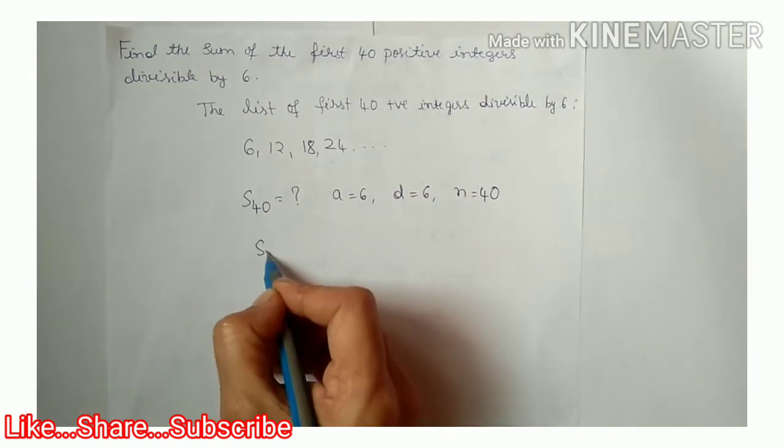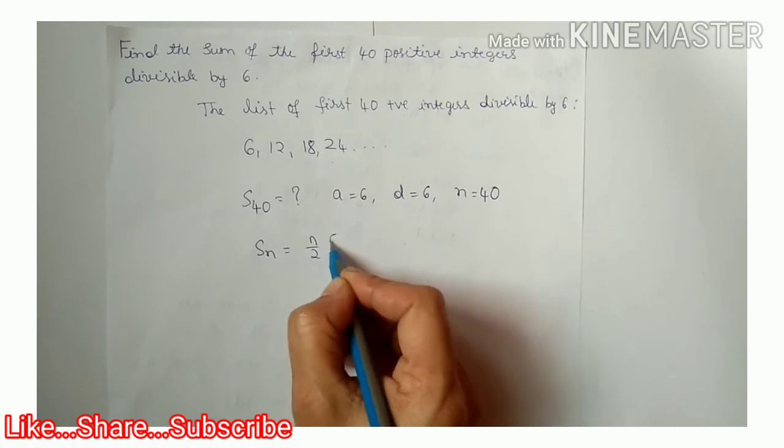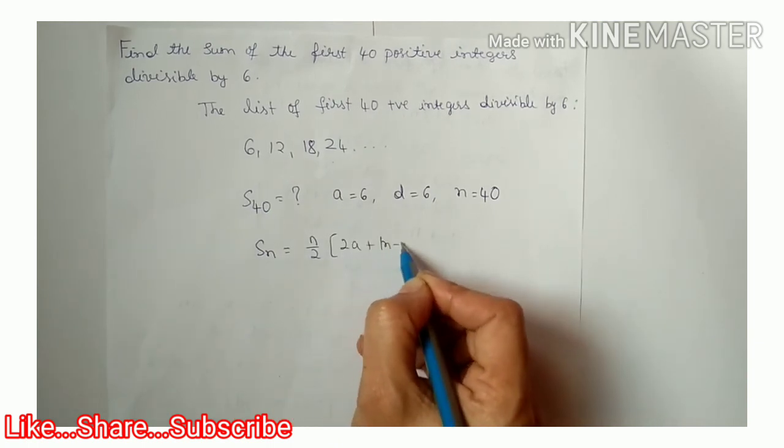We know that Sn is equal to n by 2 into (2a plus (n minus 1) into d).